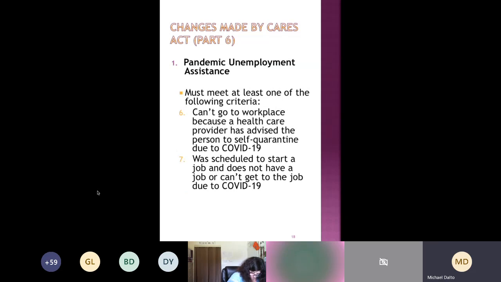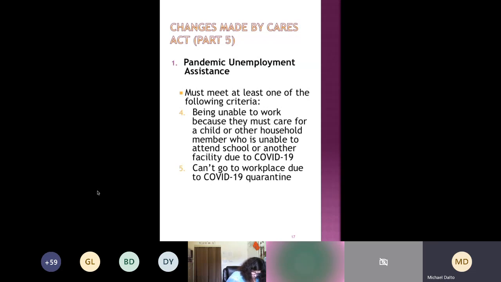However, I'm going back to criterion number 6 here, if a person couldn't go to their workplace because a healthcare provider told them that they shouldn't go, that they should self quarantine, they could meet condition number 6.